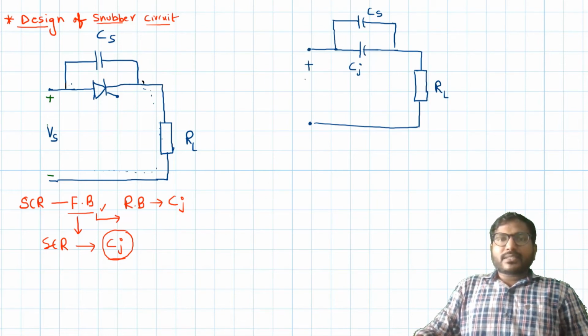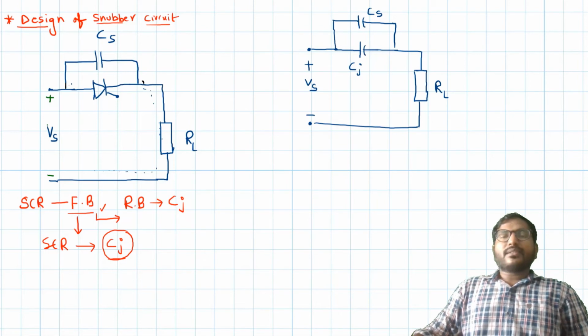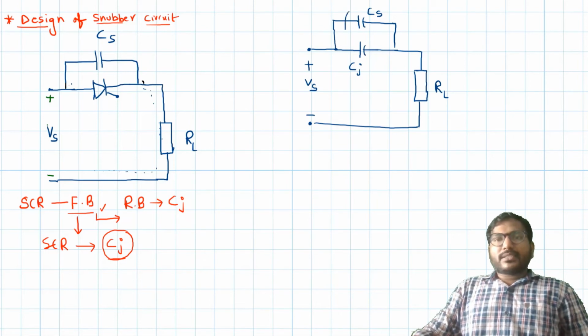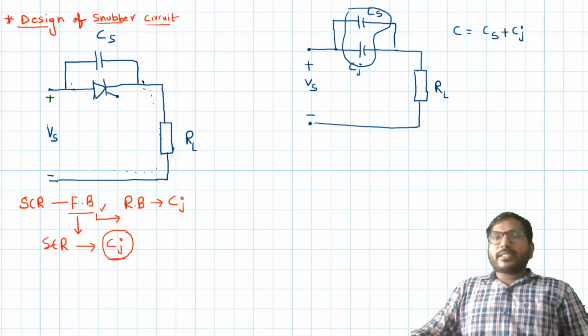The supply is Vs. These two are in parallel, so the total capacitance here is Cs plus Cj, since parallel capacitors add. Now this acts as an RC circuit.